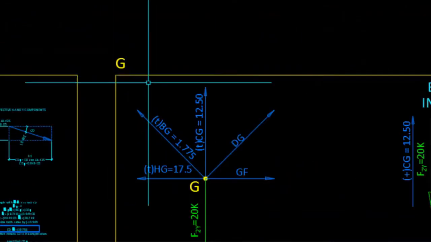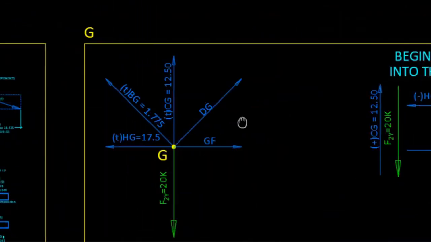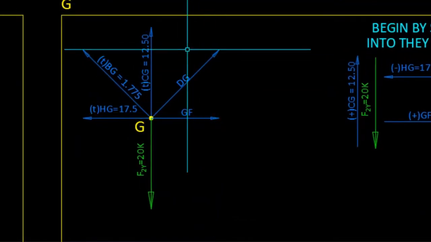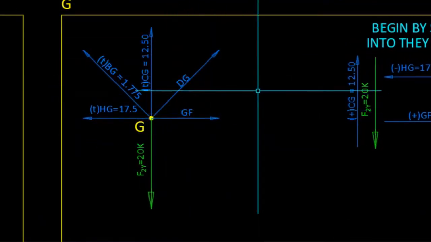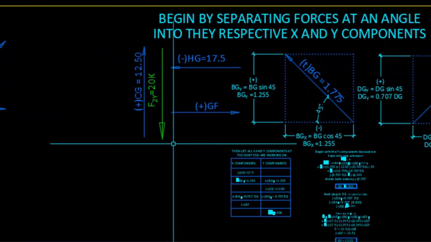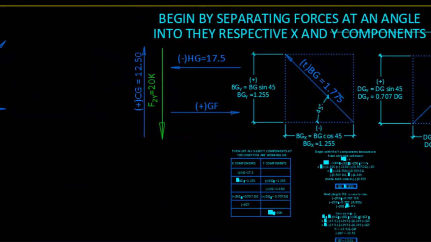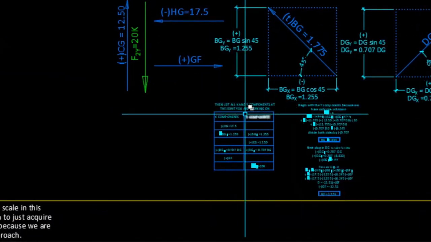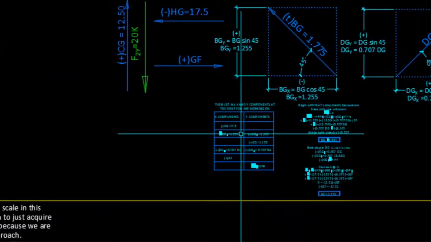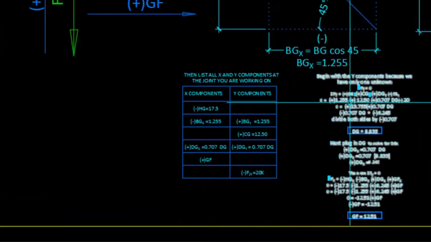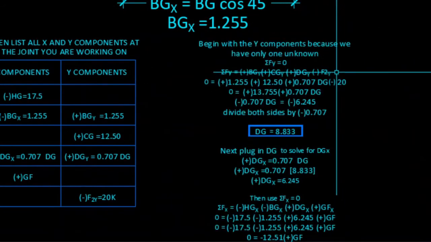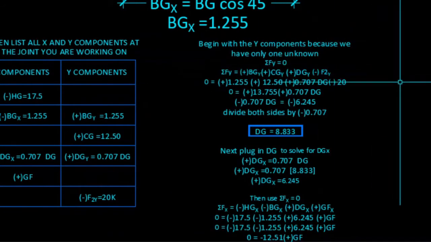Next, we move on to point G. At point G, we now have 2 unknown forces, DG and GF. Once again, we separate the forces into their respective x and y components. We list them in the graph, and we begin by using the sum of forces in the y direction.